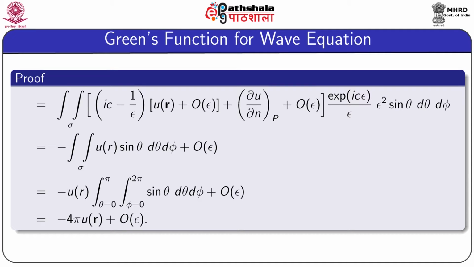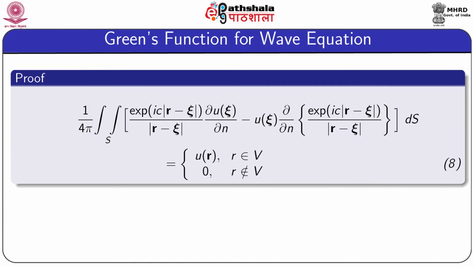So, if we equate these two terms and take the epsilon tends to 0 limit, we can find the value of u at r as this, which is the famous Helmholtz equation, and if r is outside V, its value is 0. So, in this way we can prove the Helmholtz theorem.